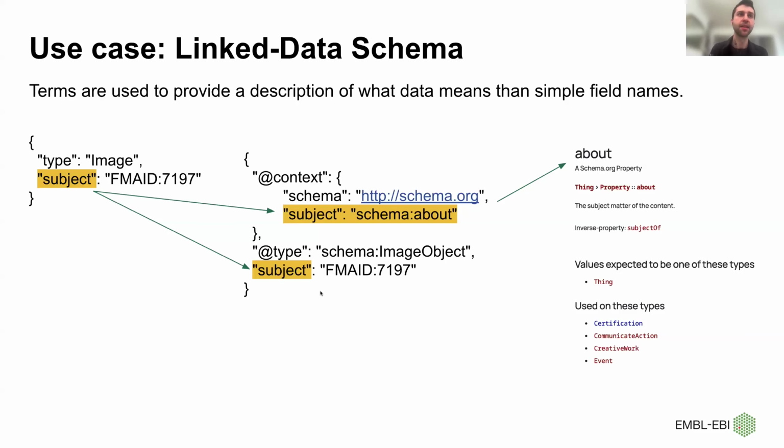So in this case, the field subject has been mapped to schema about, so schema.org/about. And if you go to that URL, you can find a definition to say, oh, well, whatever this object is, this image object, it is about some, in this case, the liver ID that we saw previously from the FMA ontology.